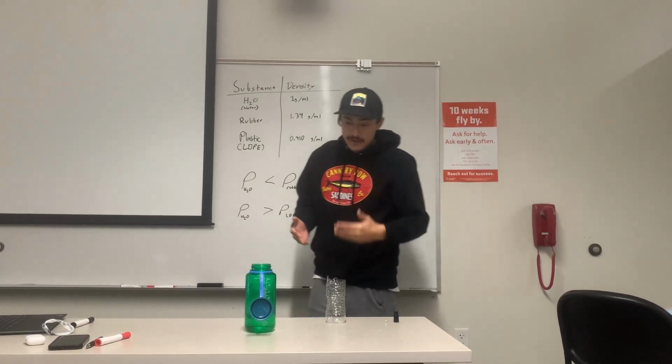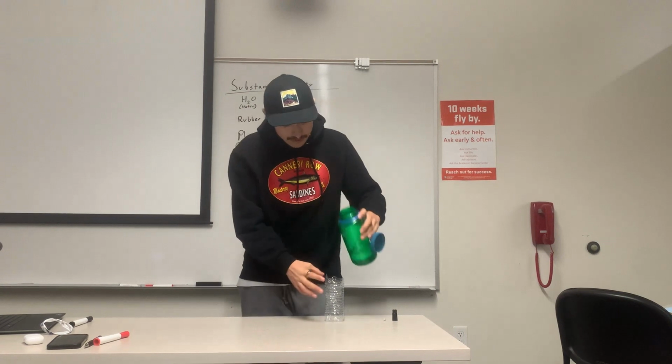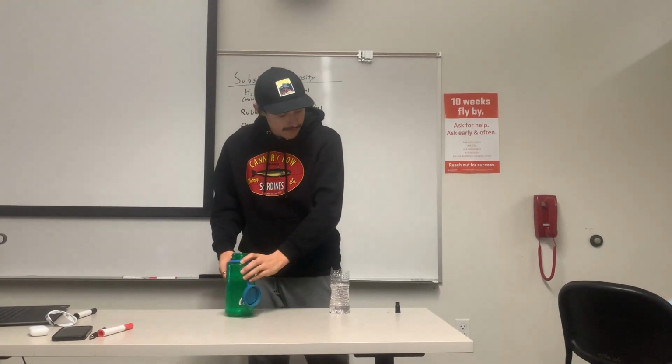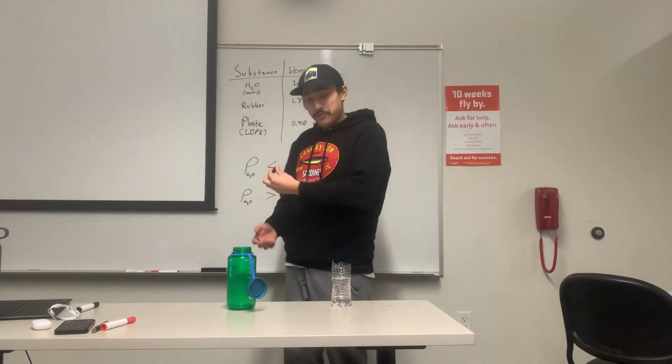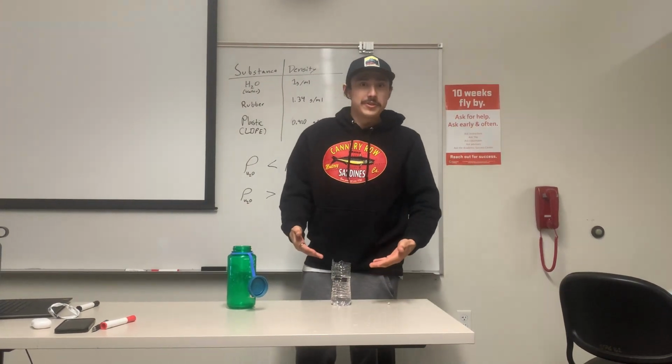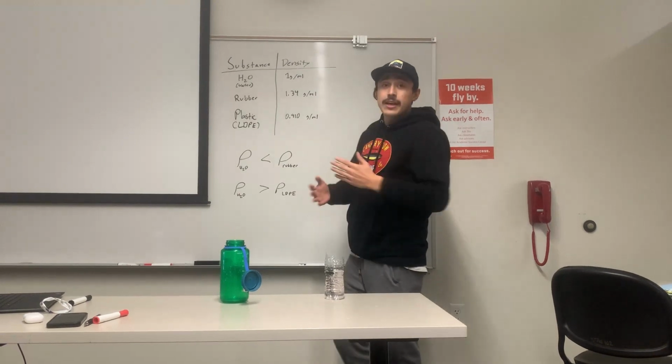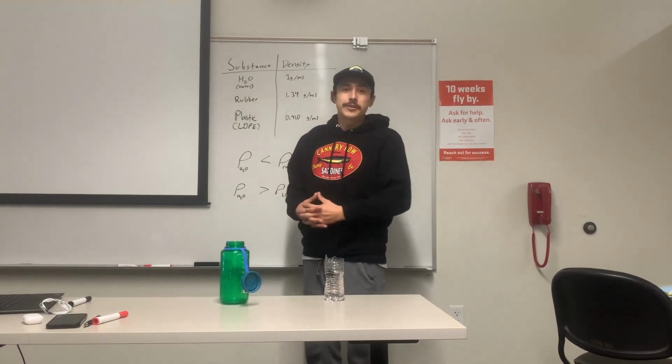So if we put some water in the cup, the plastic should float under this condition, which it does, and the rubber should sink. As easy as that. This was a real-world example of how we can analyze different densities in comparison to water.